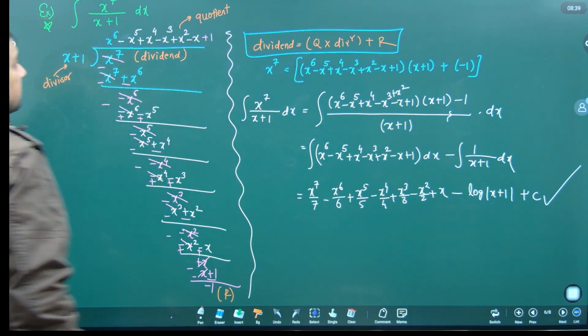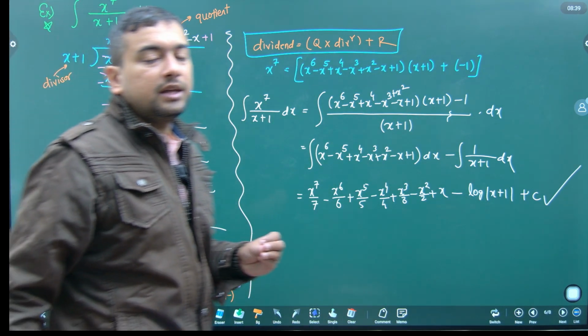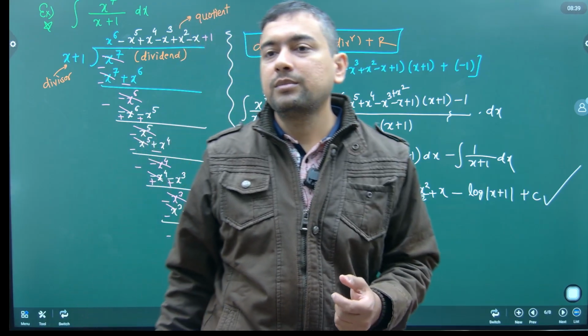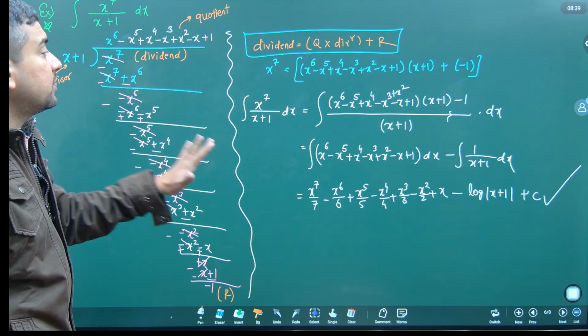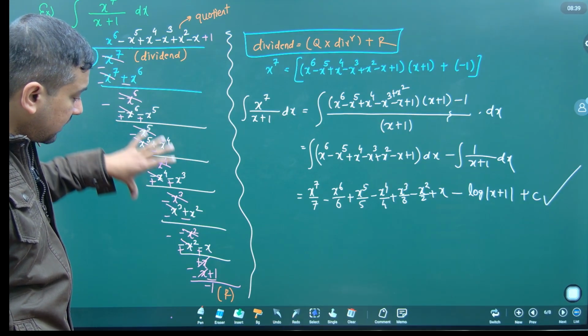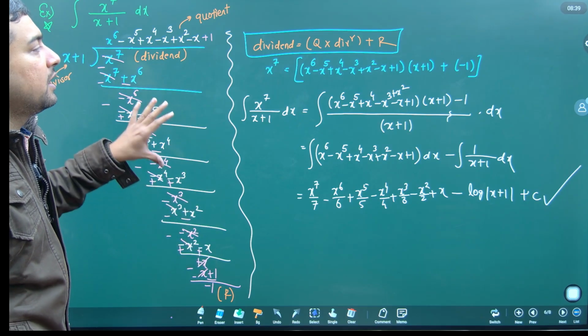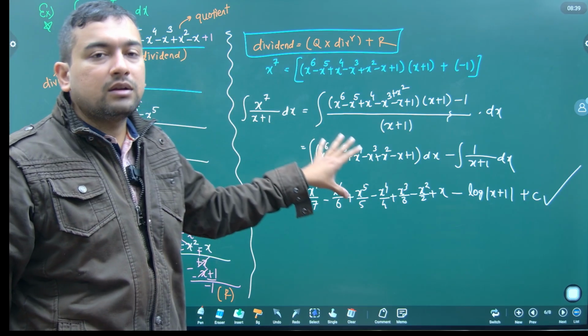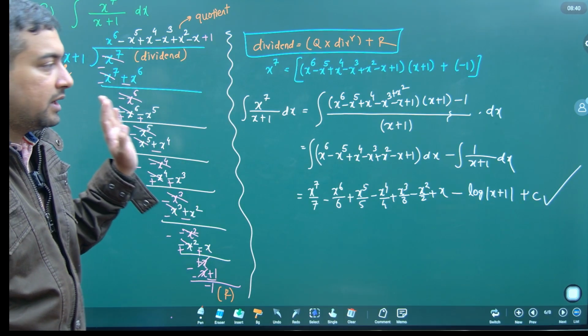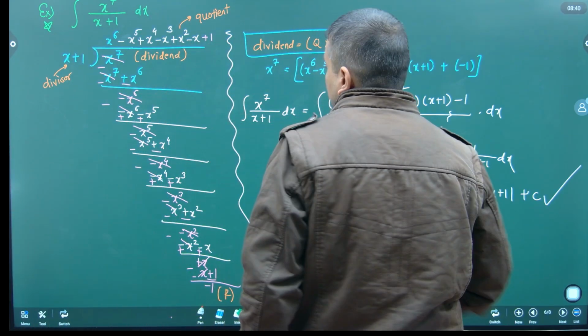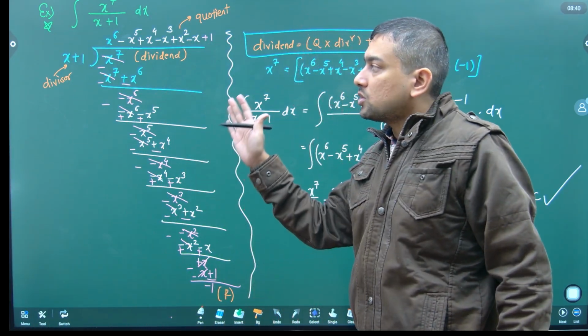Then sixth, this is also an important example. What is the concept? Whenever the degree of the numerator is greater than the degree of the denominator, we use division. So here we carried out the division, and then found the integral of x to the power 7 divided by x plus 1. So important, please solve this.